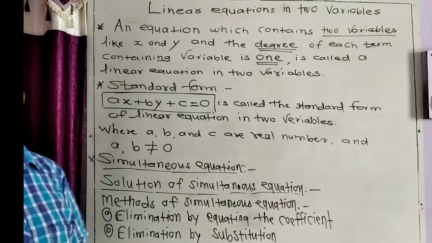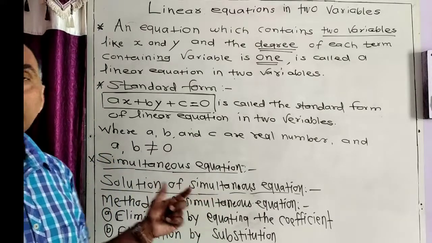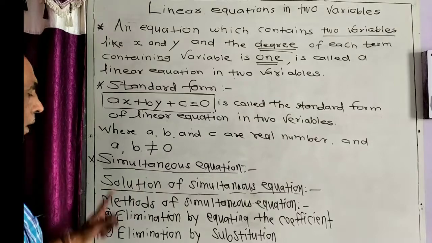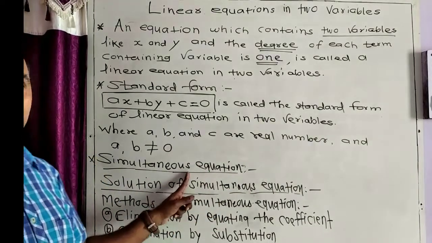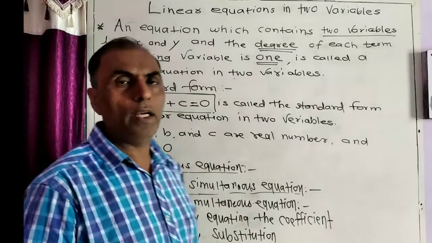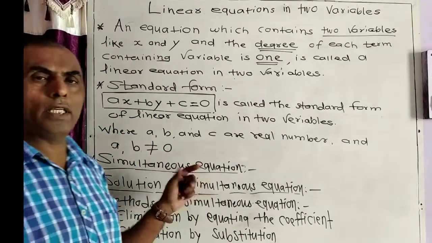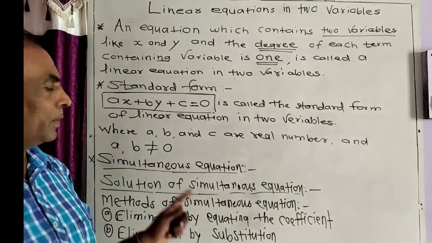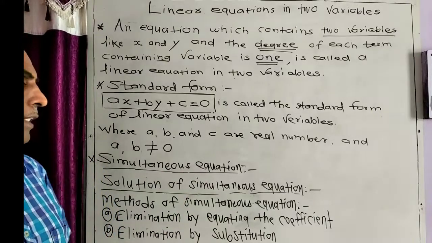If simultaneous equations are given, we find the value of x and the value of y for which both the given equations are satisfied. Such values of x and y are called the solution of the simultaneous equations.